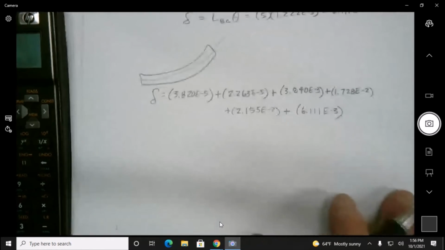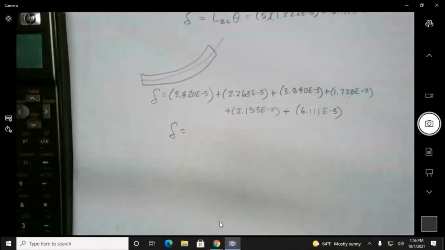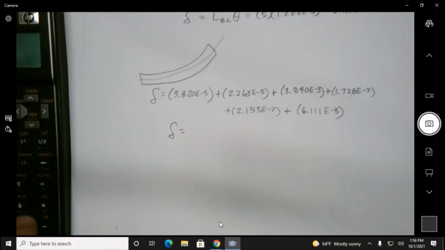Sure. Okay, so let's try to get a number. So we have 3.82 E5 and 2.263 E5 and 3.84 E3. They look all up now.